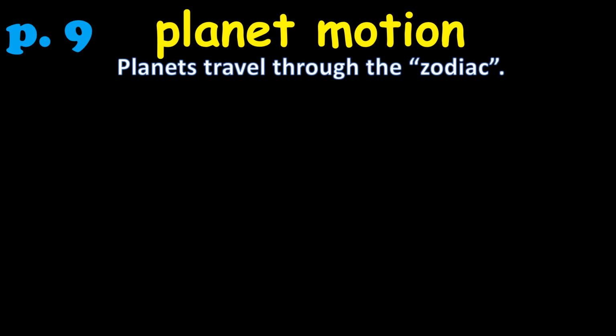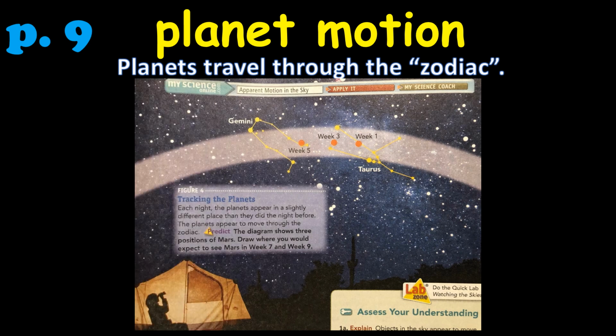Okay? So when we talk about our planet's motion, we discover that there's this thing called a zodiac. Now, some people know there's zodiac signs, such as my birthday is April 3rd, so I'm an Aries. Some people are Cancers, or I don't know what all of them are. I'm not a zodiac person, but we're not talking about the zodiac sign. We're talking about a path that our planets travel through.